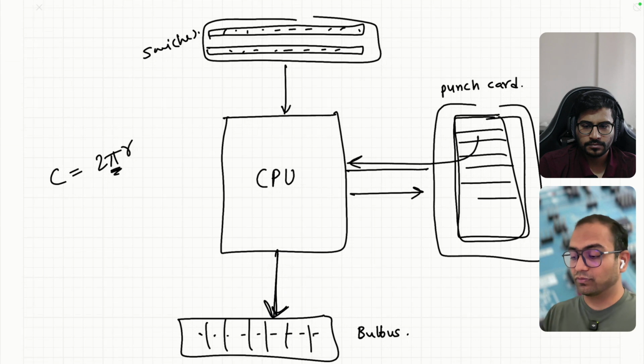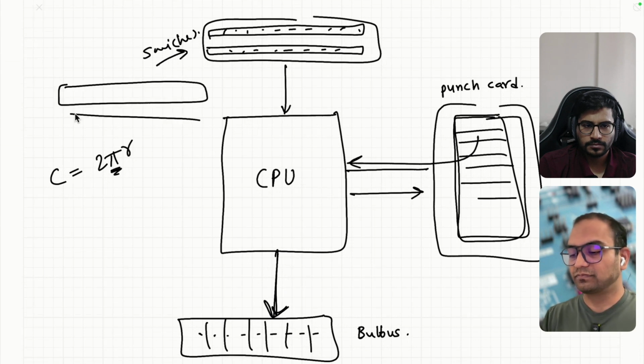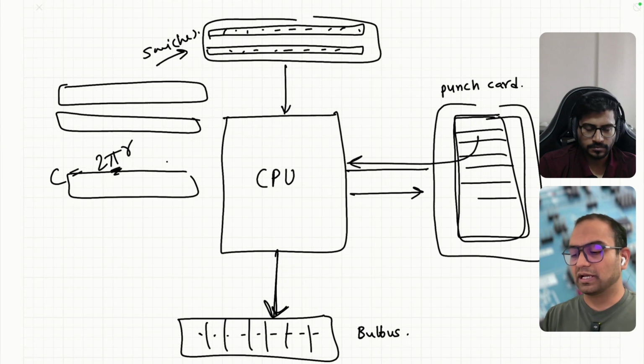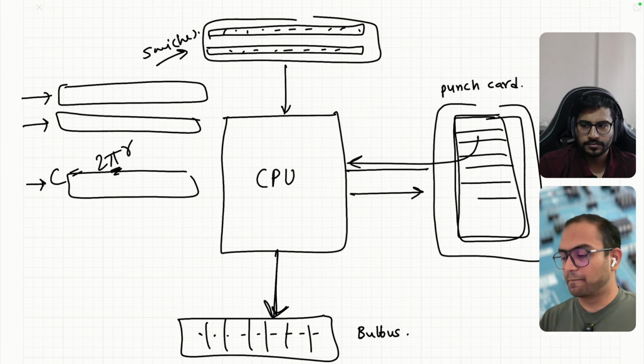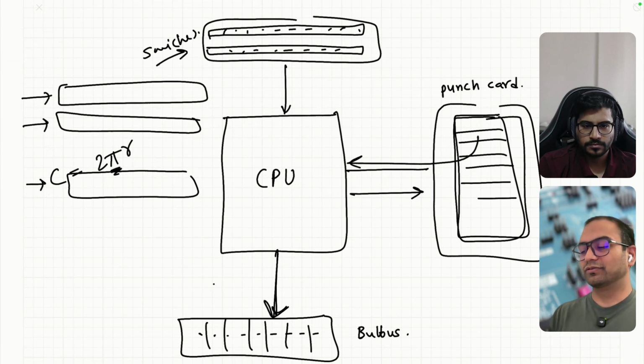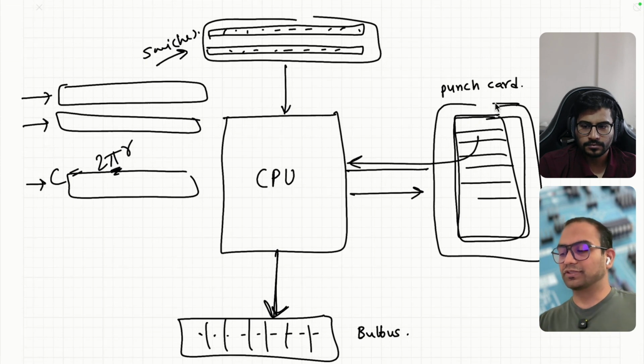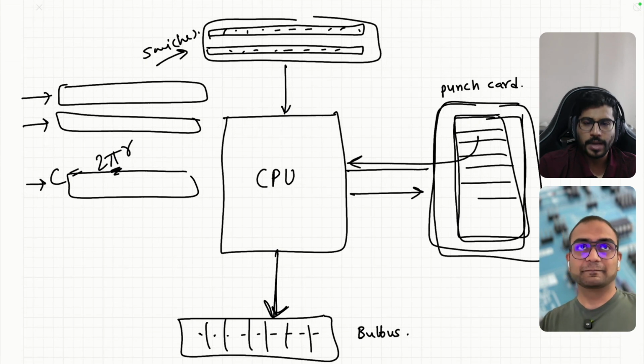That is how it usually was. And you can imagine the switches here to be an array of switches, and each array corresponds to one variable or one data packet. So this is how the CPU, memory, and the instructions back in time were.